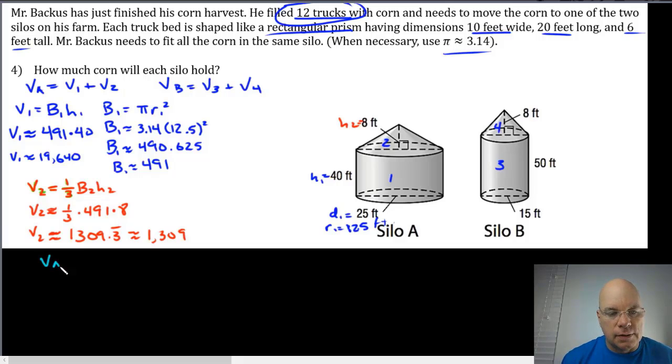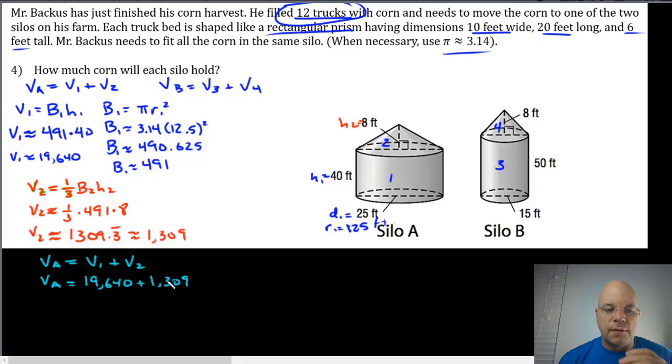So now the volume of silo A we set up here was equal to V1 plus V2, the volume of the cylinder plus the volume of the cone. So now I can substitute those volumes in. I have 19,640 plus 1,309.